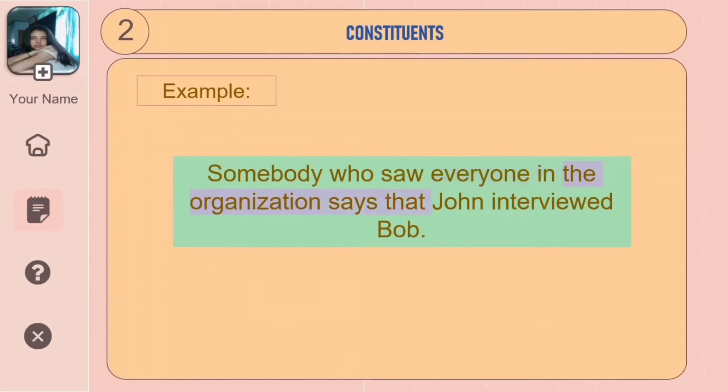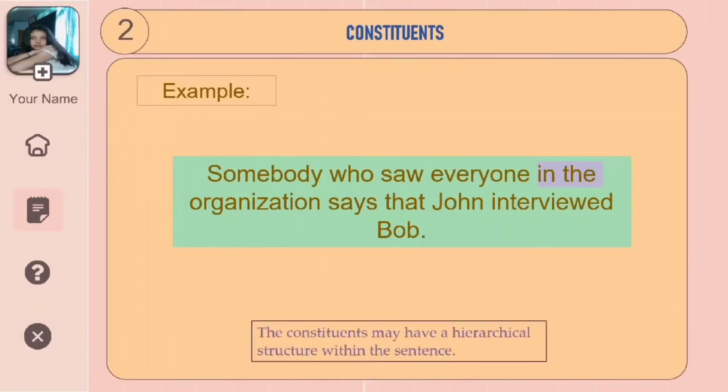But if I take "the organization says that," that is not a constituent. Or if I take out the words "in the," they are not a constituent. They don't form an independent unit, so it even sounds odd to a speaker of the language why you would take out those words. So I gave you examples of words that together are constituents in the sentence and words that are not constituents.